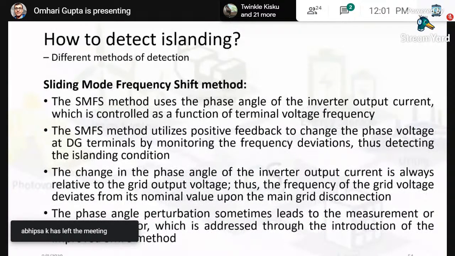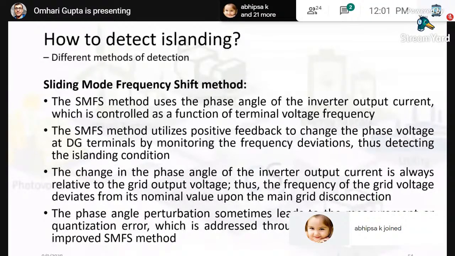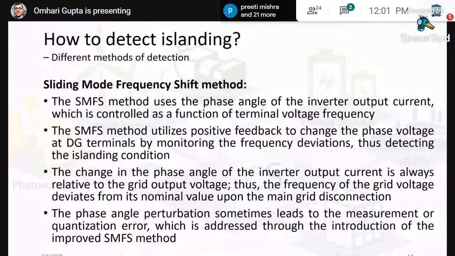Sliding mode frequency shift method uses the phase angle of the inverter output current, which is controlled as a function of terminal voltage frequency. This method utilizes positive feedback again to change the phase voltage. Okay, now it is changing the phase voltage at the DG terminals by monitoring the frequency deviation and thus detecting the islanding condition.